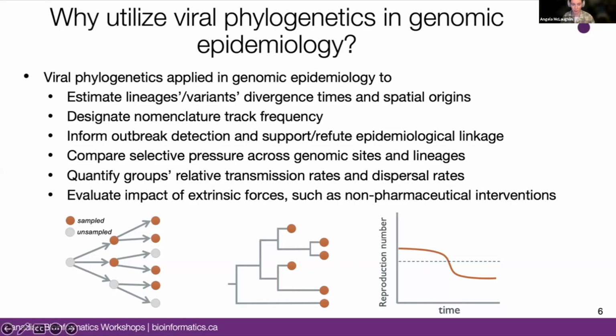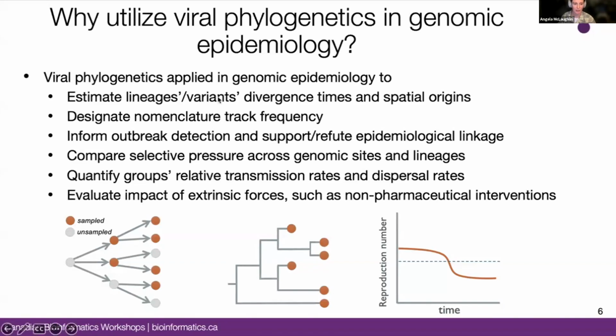Further, to quantify groups' relative transmission rates or contribution to transmission and the rate at which they disperse. And finally, any of these rates that you're pulling out of the phylogeny, you could use to evaluate the impact of extrinsic forces.